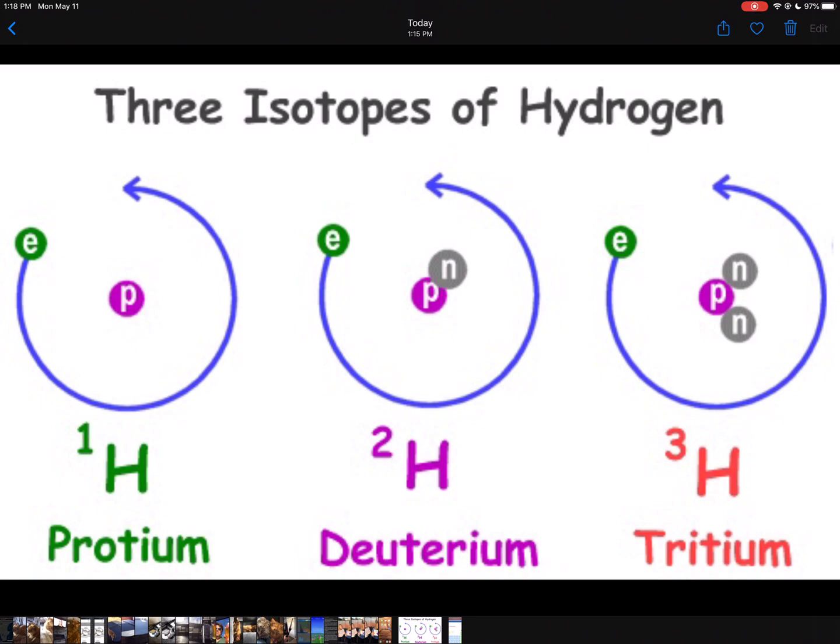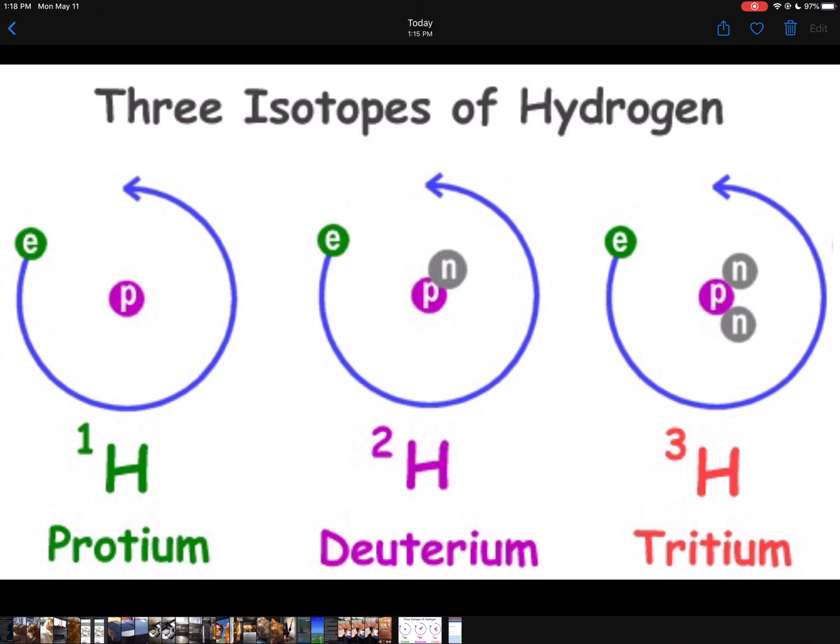The hydrogen that you know and love is on the left. Now, there's an older name here called protium, and you'll see that the H has a superscript 1 above it. That means that's the hydrogen that weighs 1 atomic mass unit. In the middle is something called deuterium, which you see in some nuclear reactors. We'll get to that later.